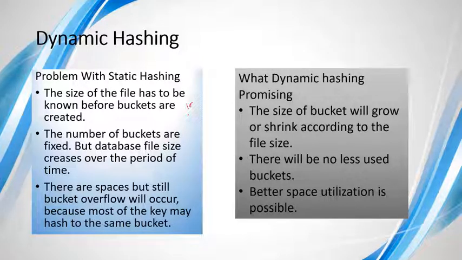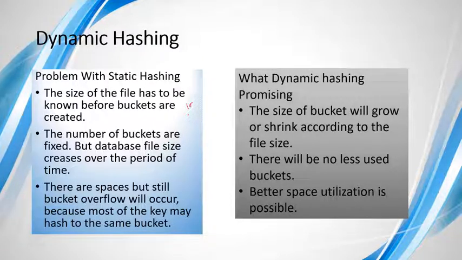So in dynamic hashing, we can create or delete records, and the structure can grow or shrink according to the file size. When we have more and more records in the file, we can create additional buckets. And when we don't have data or are deleting data, so our file may get reduced, then we can delete these unnecessary buckets.